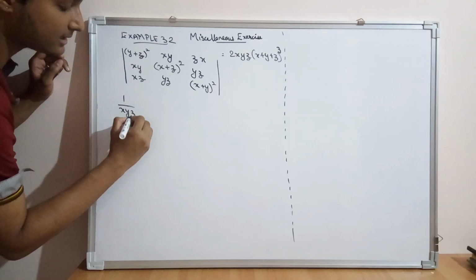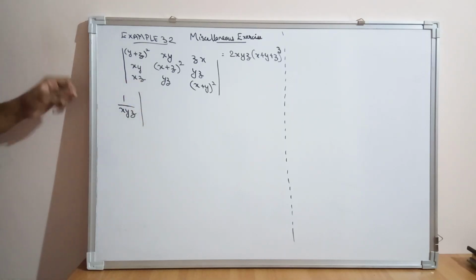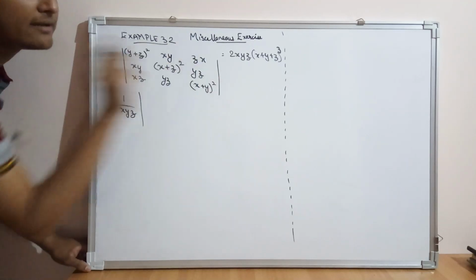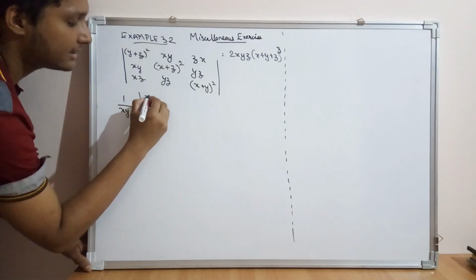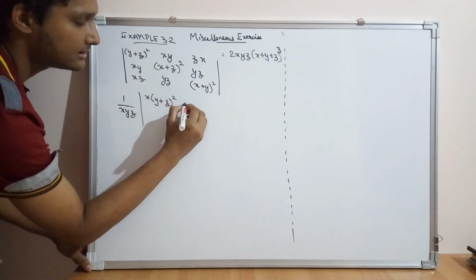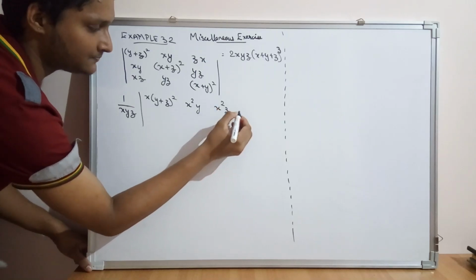We'll multiply x, y, z to each row and each column depending on that. So first row I'll multiply by x, second row by y, and the third row by z. So x into (y plus z) whole square. Here you get x square y, x square z.